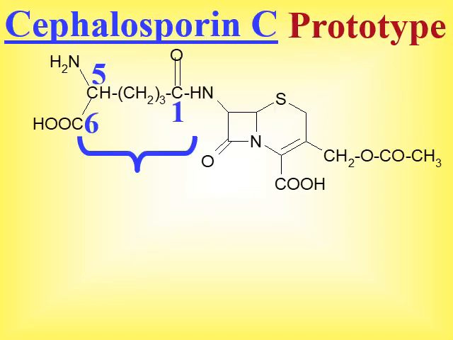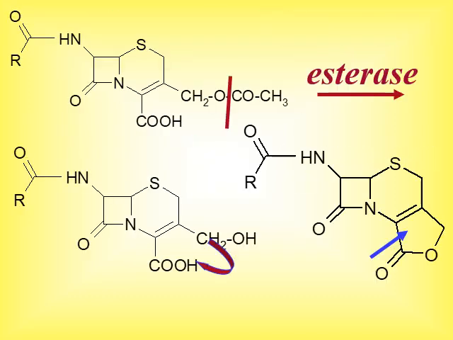As we see here, cephalosporin C cannot be taken orally. Why? Because of the side chain acetyloxymethyl. If you take it orally, it will be broken here by esterase enzyme, then undergo reaction to give the lactone shown by the blue arrow.